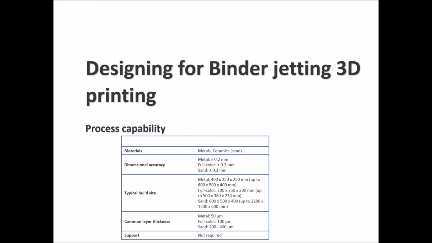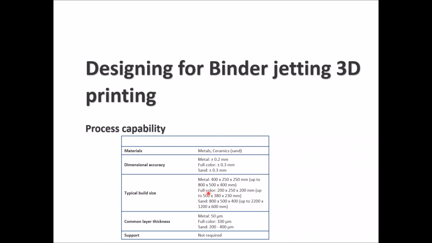The process capability, as an overview for binder jetting: the materials you can use are metals or ceramics in the form of sand. Dimensional accuracy for metals is plus or minus 0.2 millimeters. For full color, it's plus or minus 0.3 millimeters. For sand, it's plus or minus 0.3 millimeters. The build size for metal is 400 by 250 by 250 millimeters, up to 800 by 500 by 400 millimeters.